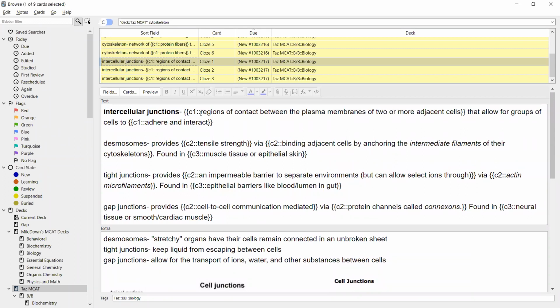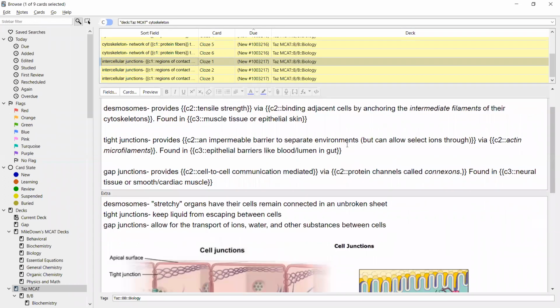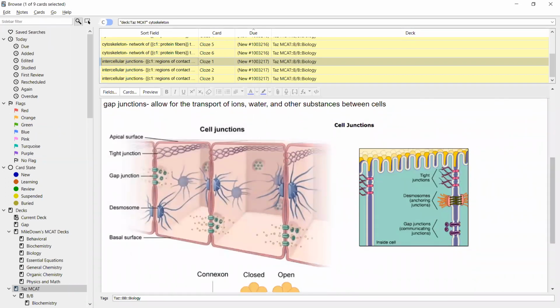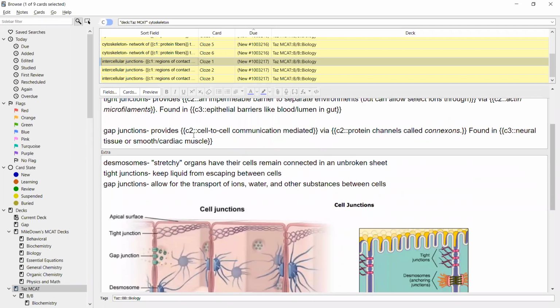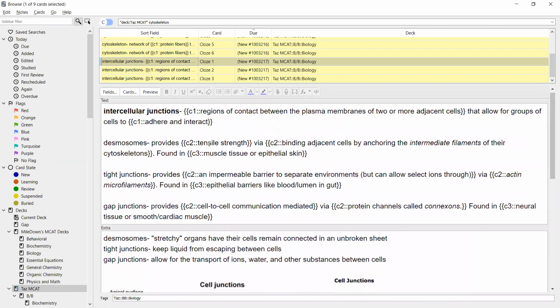Okay, so intercellular junctions are regions of contact between the plasma membranes of two or more adjacent cells. So when cells are directly next to each other, this is a way for them to interact with each other directly. The ones that we have talked about, first let's start with actin filaments.